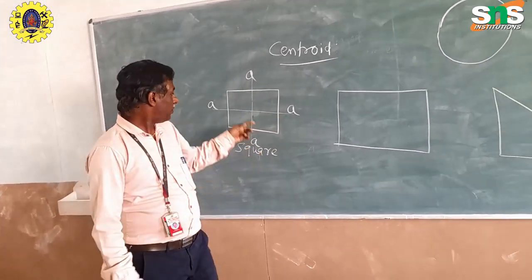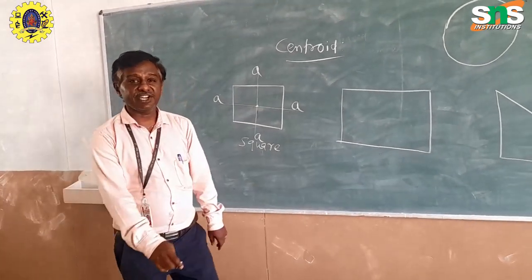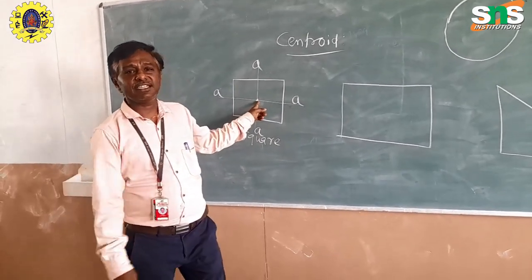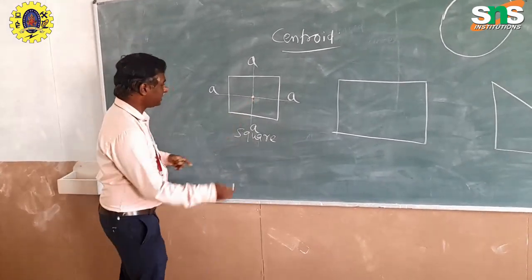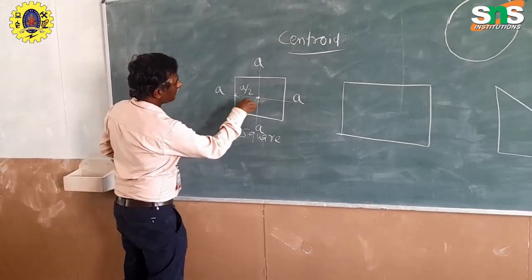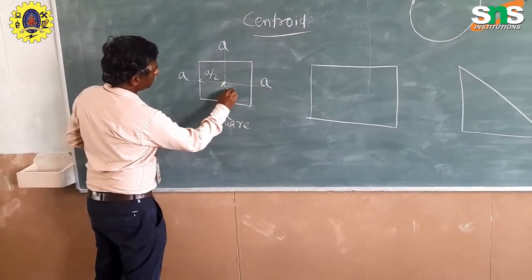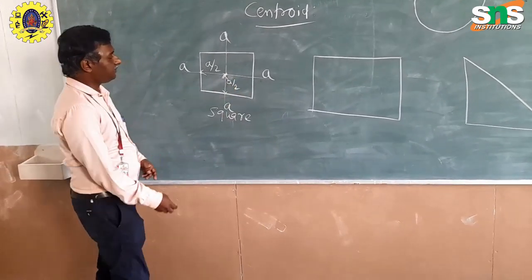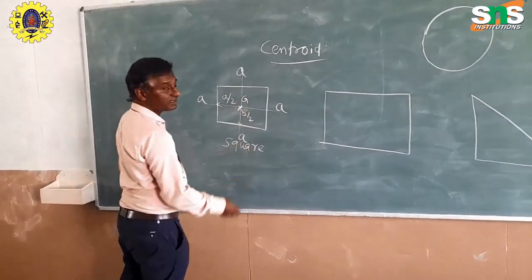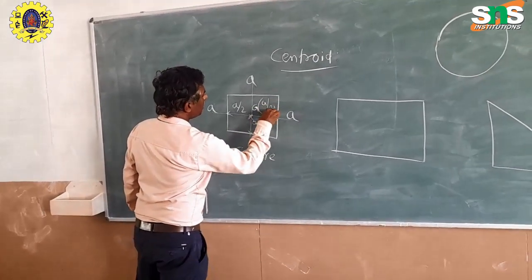So this point is the centroid. It must be a center point. So here it will be a by 2 in the horizontal way. In vertical, this is also a by 2. So for a square, I can have this point G as the center, at a by 2 comma a by 2.